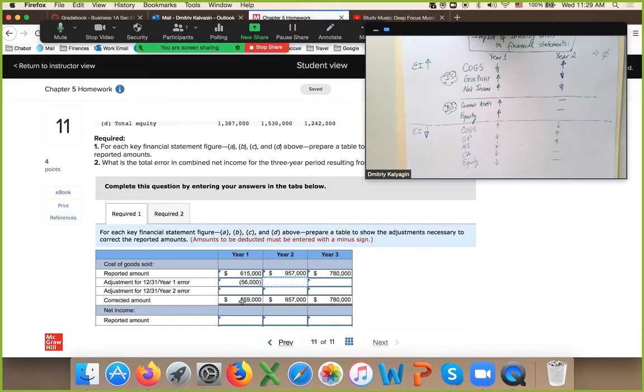So the correct amount appears right here. That's the amount that we were supposed to report, if we want to correct the mistake. And the second year, the cost of goods sold is too low. So because it is too low, I have to add the same mistake to the amount reported, and on the bottom you see the amount that is corrected. Year 3, there is no impact.